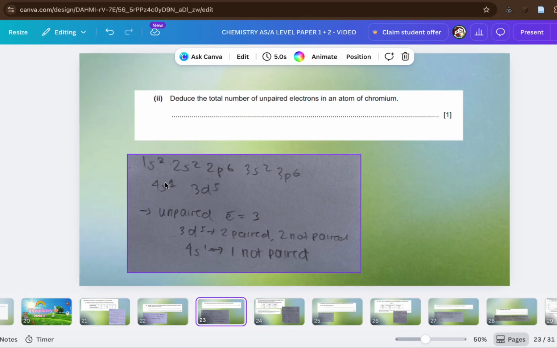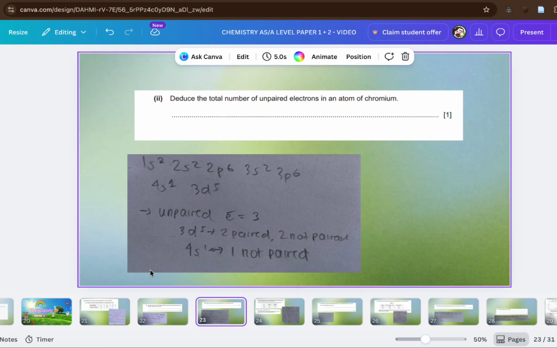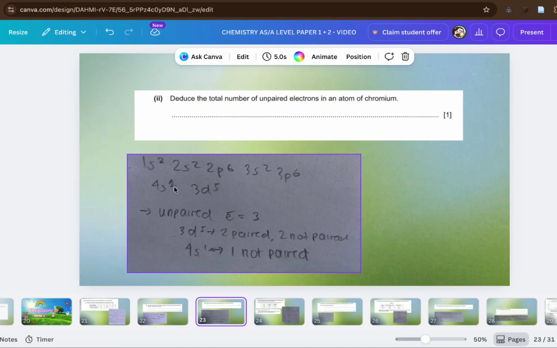In the 4s1, the s orbital can hold two electrons, but there's only one, so that one is not paired.